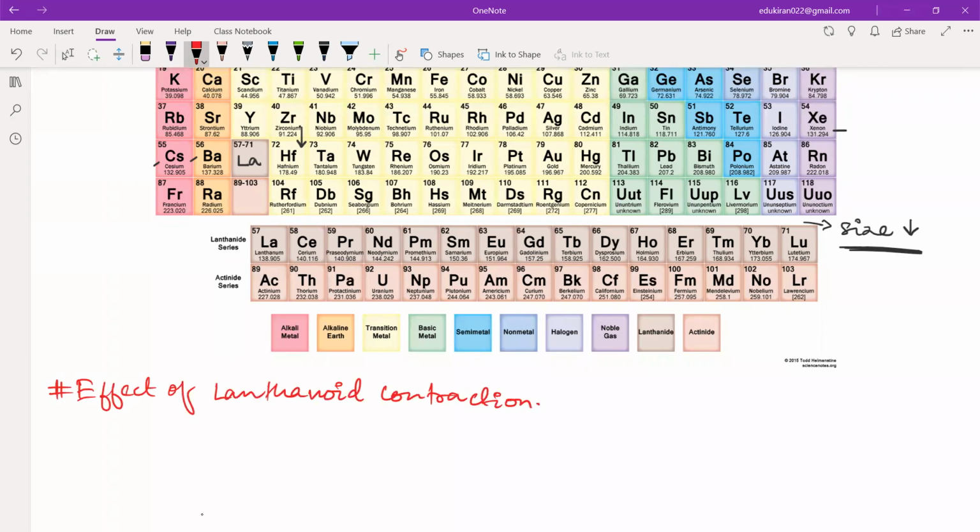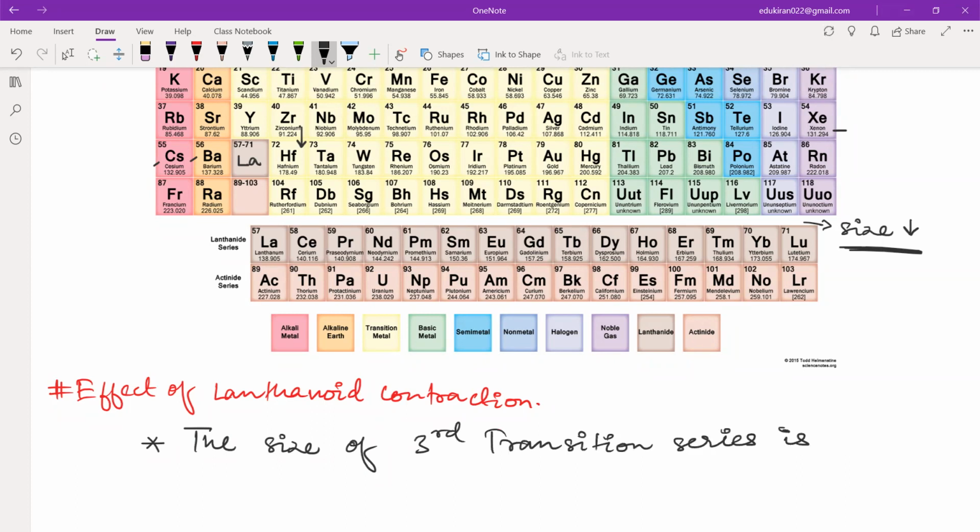The effect is that the size of the third transition series is not as expected.